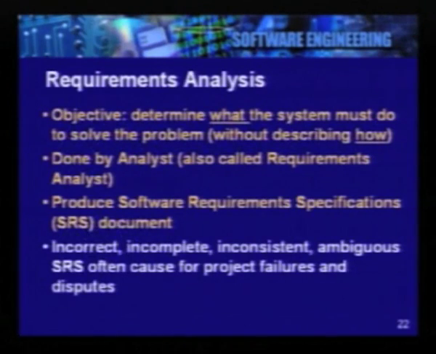This phase is very important because this is the base on which subsequent developments will be done. So, we must take all efforts to produce a complete and correct specification. Any mistakes at this point, incompleteness or ambiguity is going to cause problems subsequently.